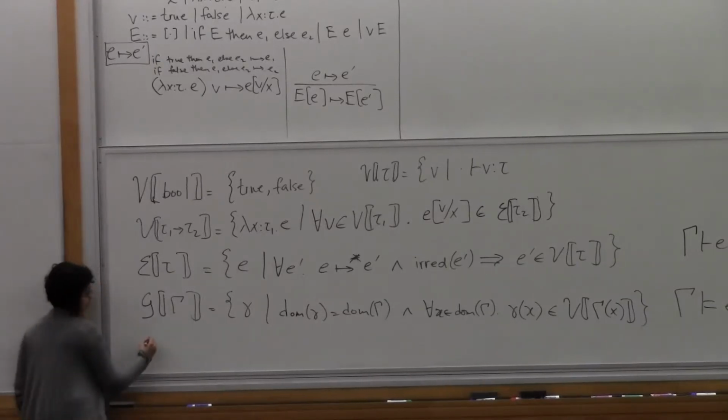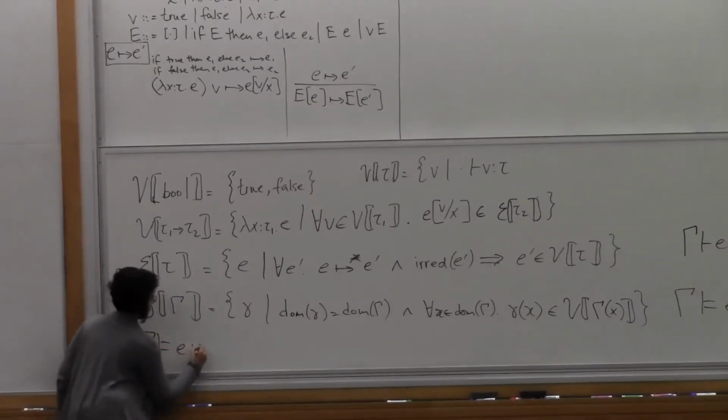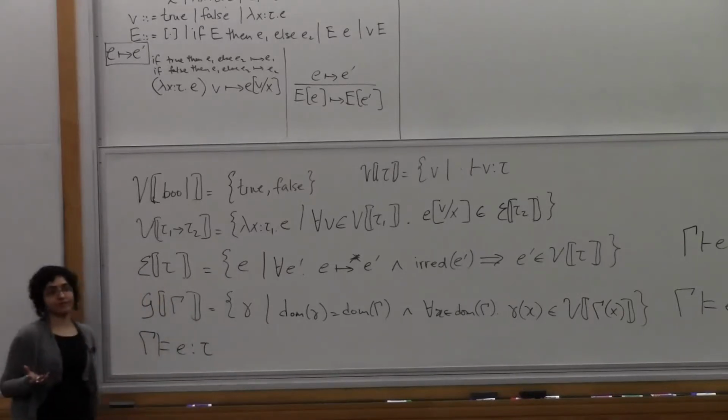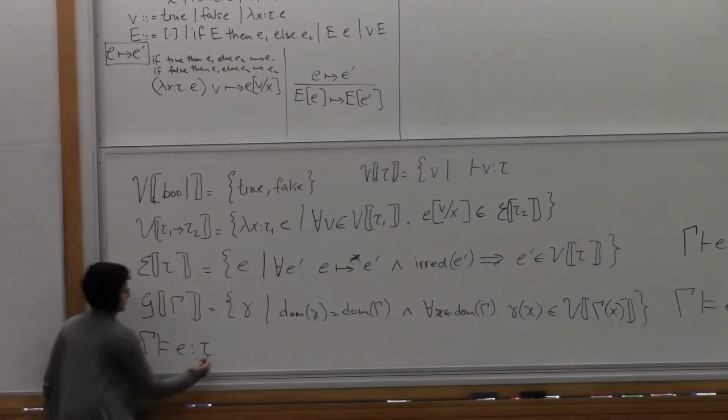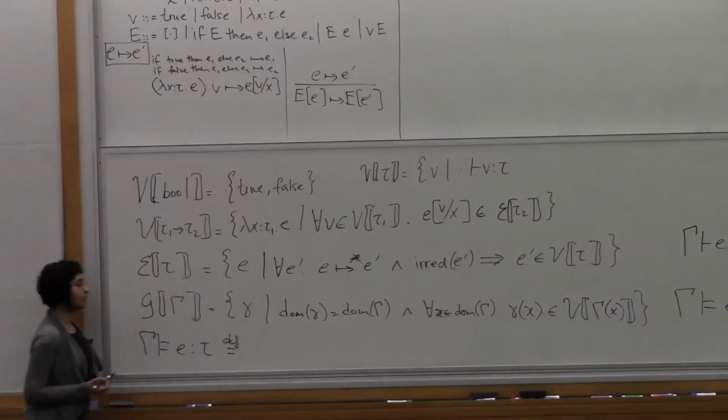Okay? And now using that, we can define our notion of semantic type safety, if you will, which goes like this.